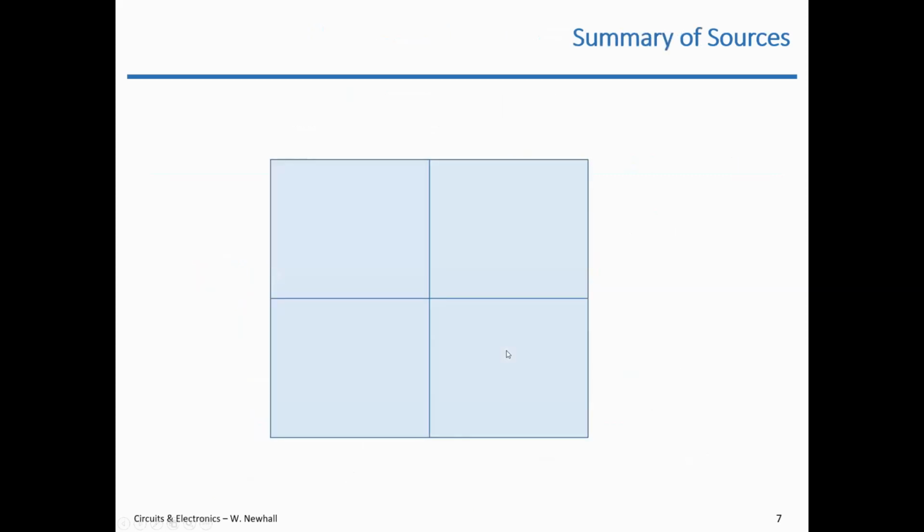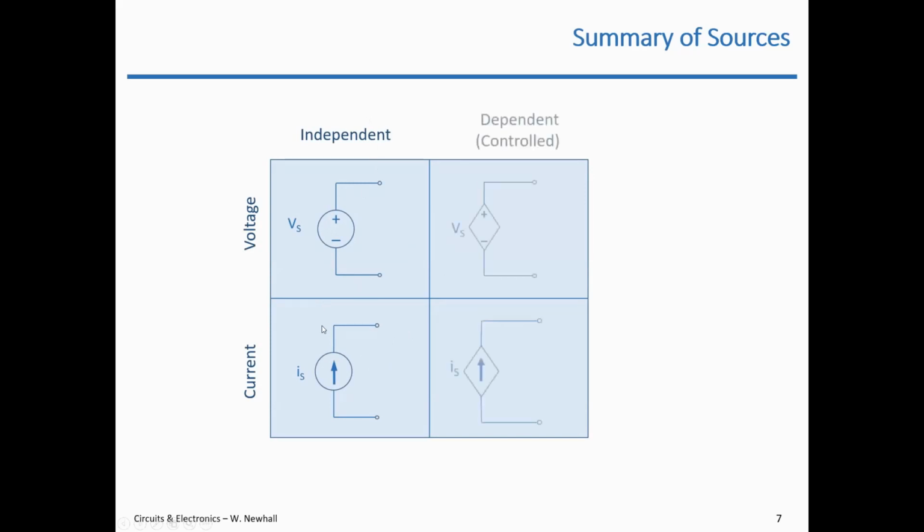Okay, so those are the sources, right? So you have current sources and voltage sources, and you have independent voltage and current sources, right? The circles. And then you have dependent or controlled sources, right? Voltage or current.